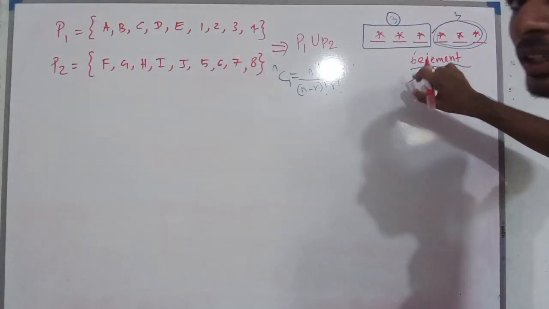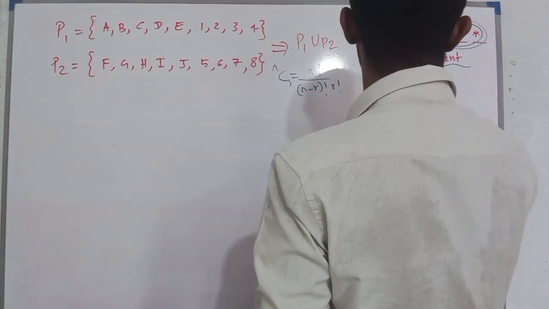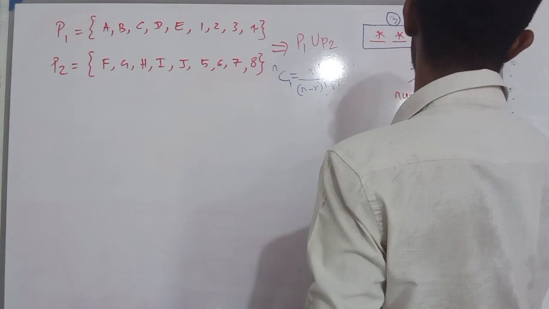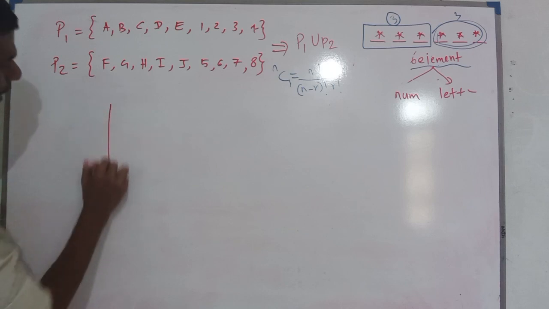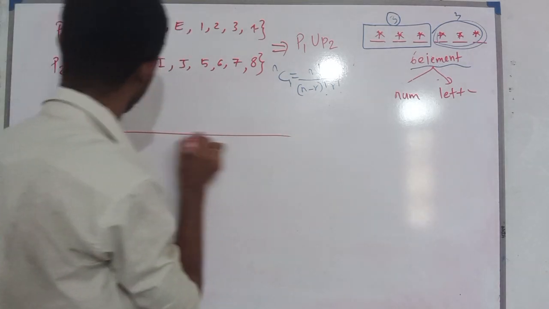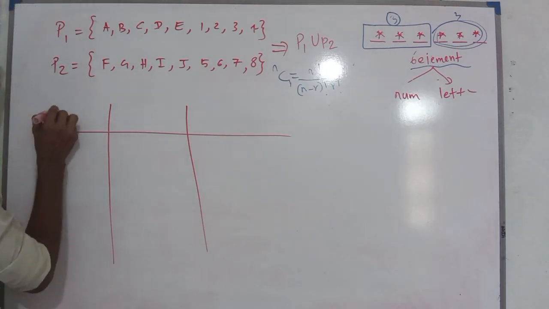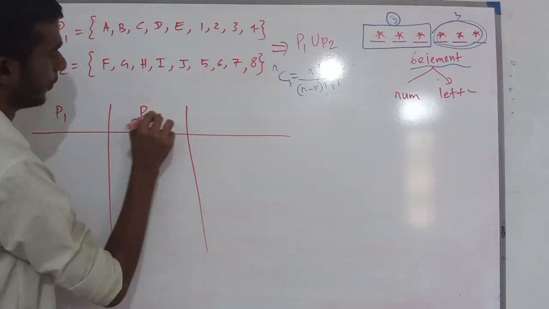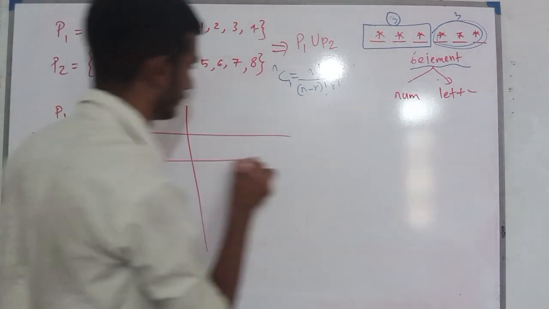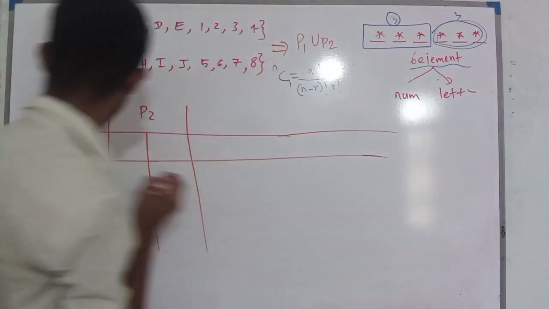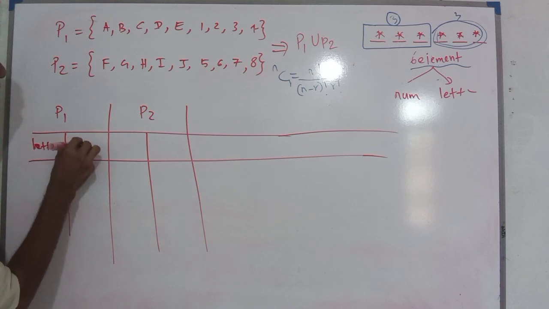The element can be either a number or a letter, now here we have letters and numbers, right? We have to select three elements from P1 and three elements from P2. Now we have to make a chart like this, P1 and P2. In P1 we have letters and numbers, right?